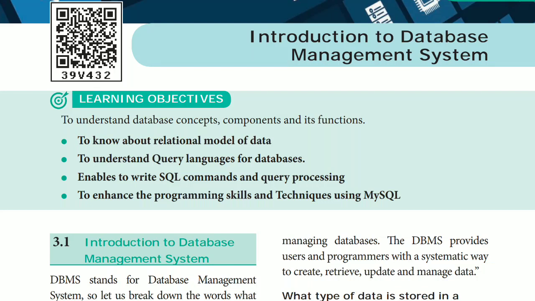So what is the relational model of data? They will be creating a model. Model means, for example, before building the entire building, they will create a small sized model of it to display how the project will look.